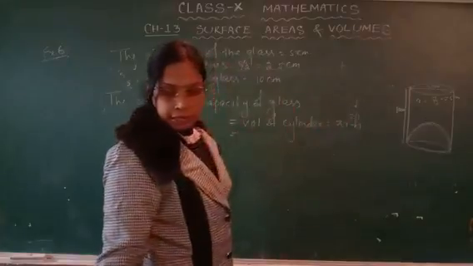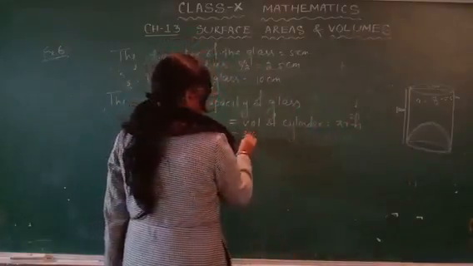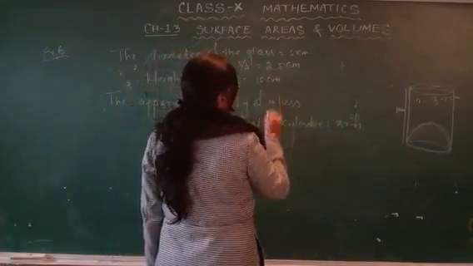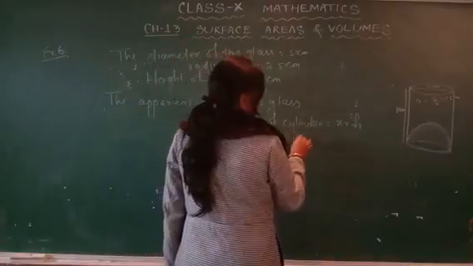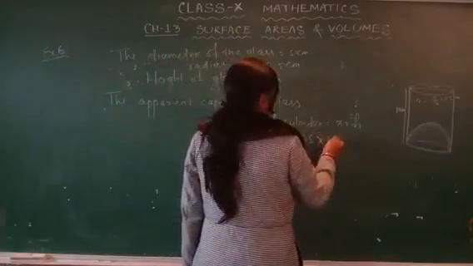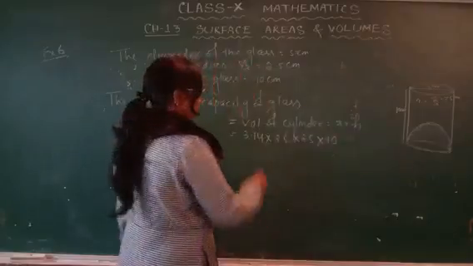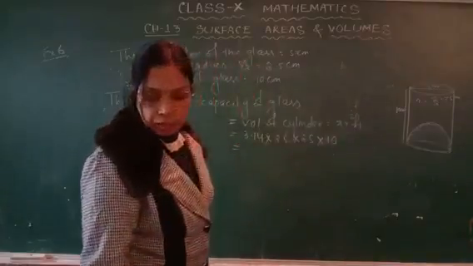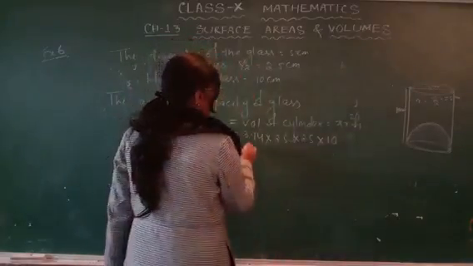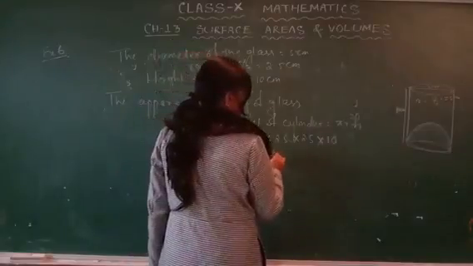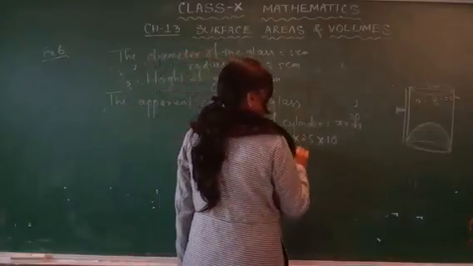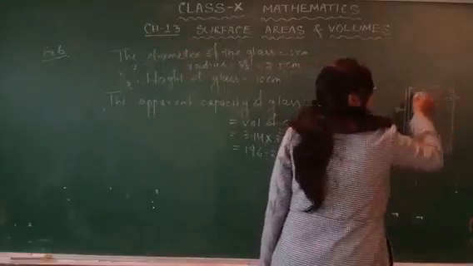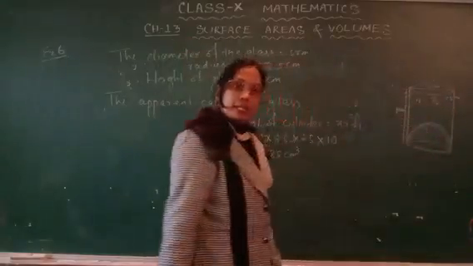So here pi is 3.14, into r is 2.5 into 2.5, into h is 10. So that is equal to 196.25 centimeter cube. This is the capacity of this cylindrical glass.